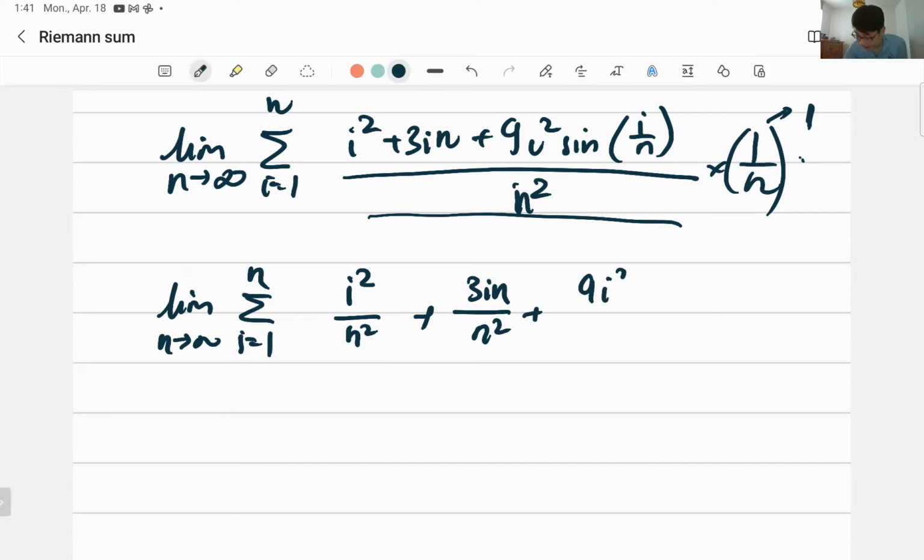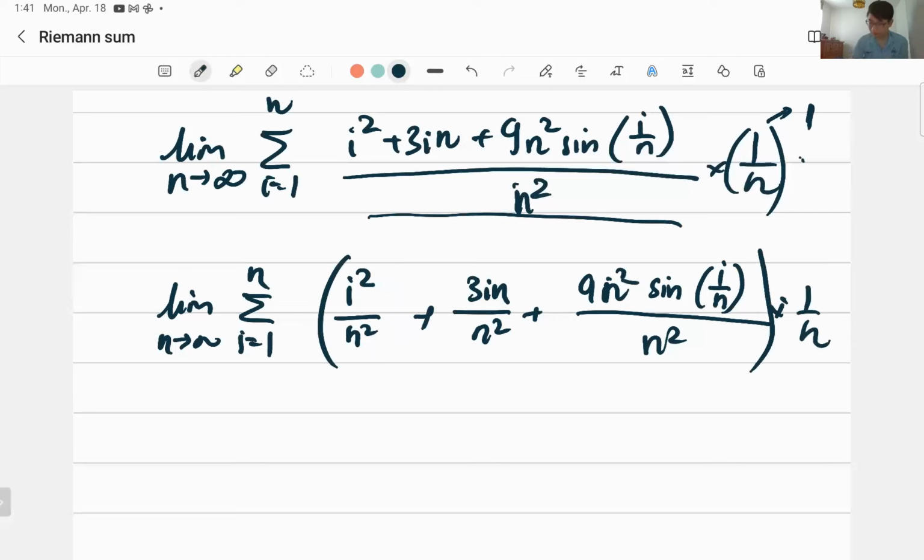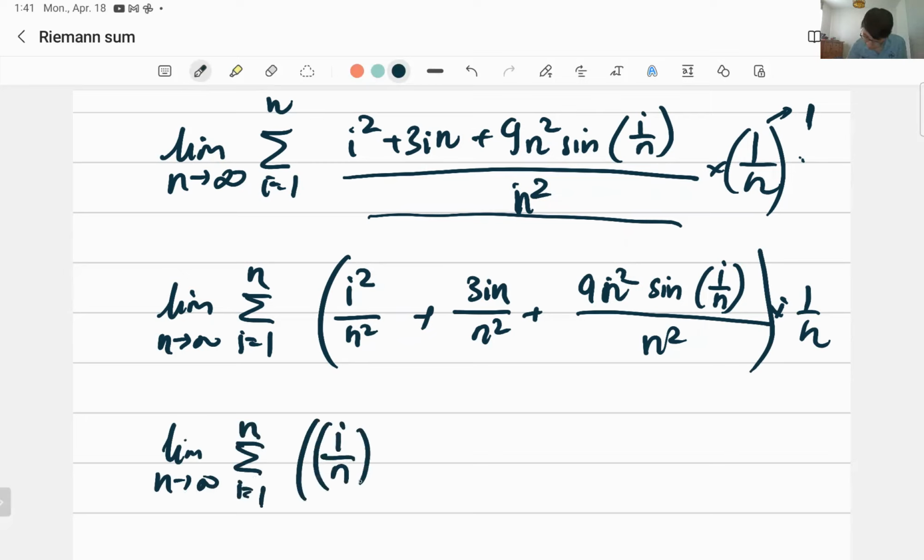Not i squared, I believe it's n squared. This one is n squared, sine i over n, over n squared, times 1 over n, right? So everything here is times 1 over n. And then I'm first simplifying this, and this one is 1, (i over n) everything squared plus 3i over n plus 9 sine (i over n), right?